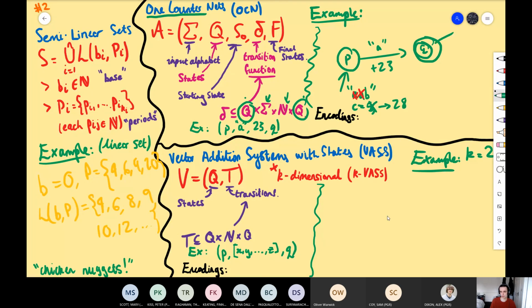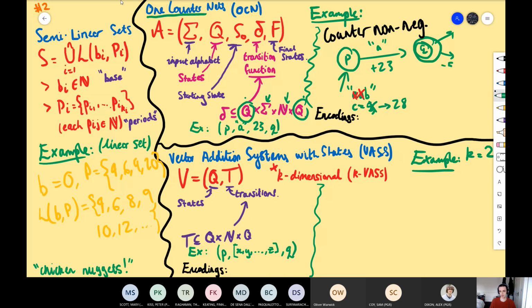And then you can imagine more transitions coming off. There's a big condition that is not written down here, which is counter non-negativity. If your counter value were to ever dip below 0, so -1, -2, etc., you would crash, just immediately reject, as if you had entered some dead state.